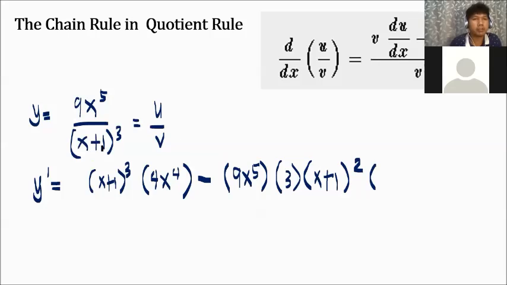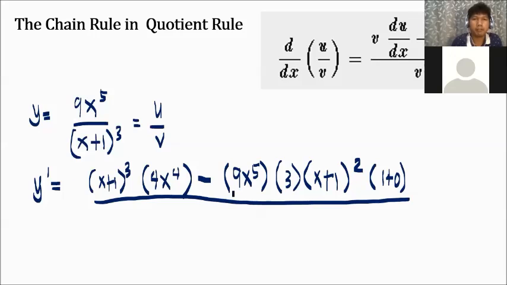And the derivative of x plus 1 is just 1 plus 0. All over v squared. So x plus 1, because it's 3 already, then we have to square it. Again, this is a 6. You just multiply the exponent because that is the exponent law.